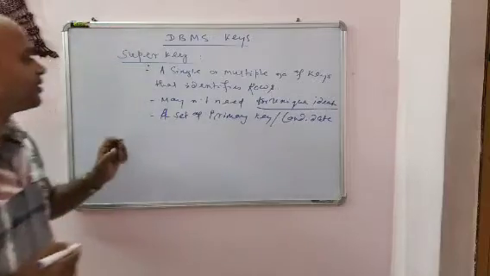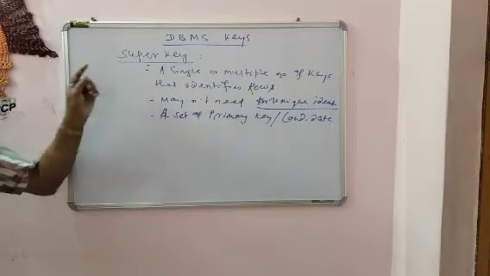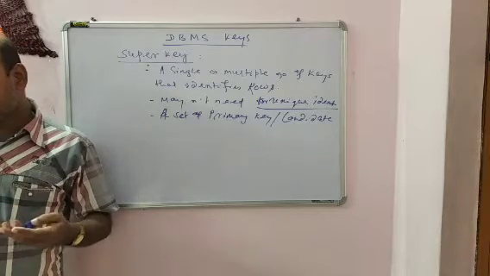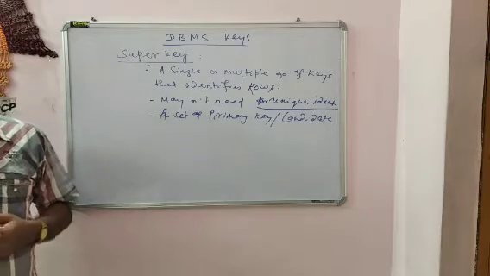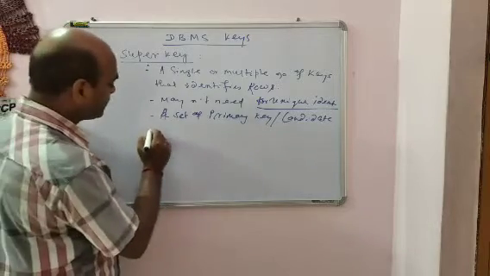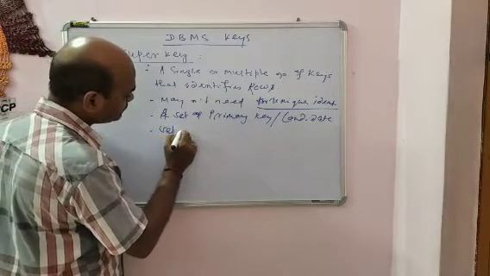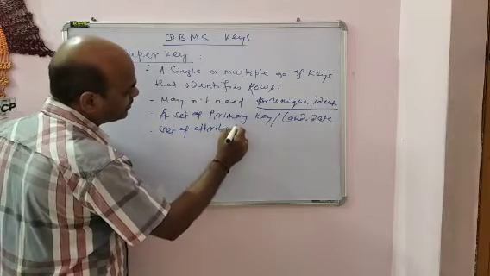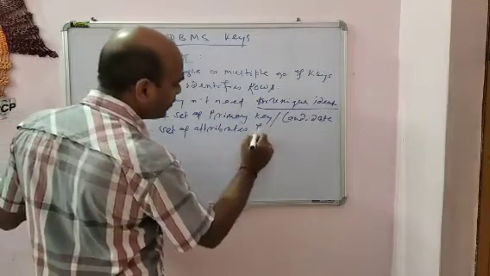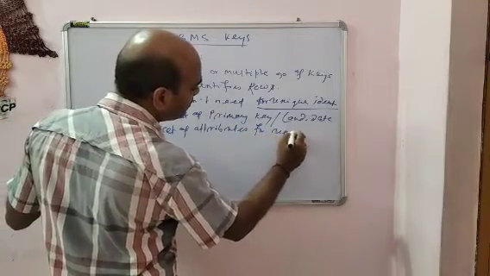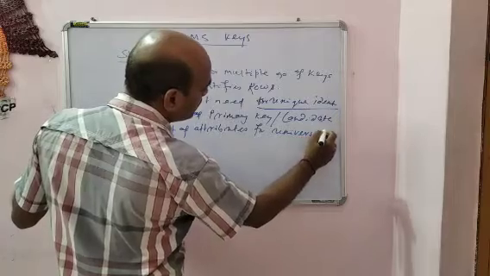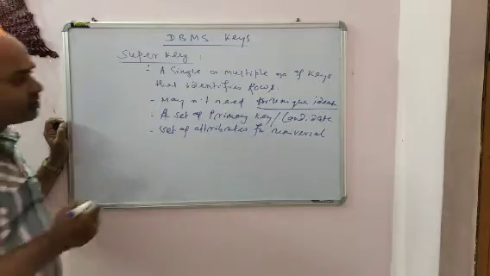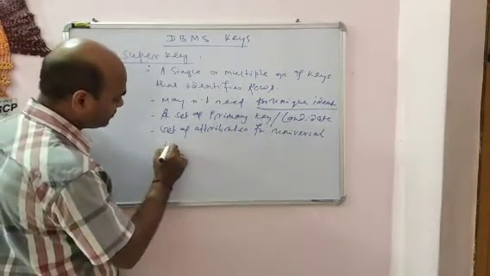So this is the super key. It is a set of attributes that are uniquely universal identifiers. Otherwise, you can call it the set of attributes for universal identification.